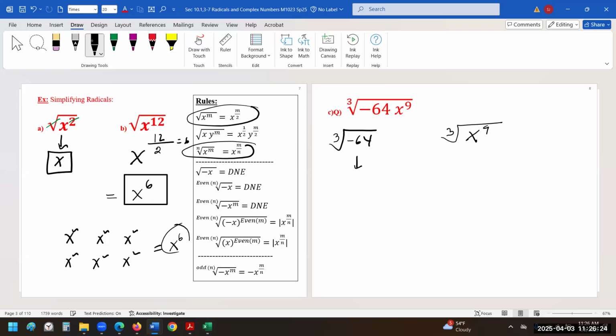Can you think of a number that when you multiply it 3 times, it turns into negative 64? Negative 4. So we rewrite negative 64 as negative 4 cubed. Cube root, cube power cancel out. From the number, we get negative 4.